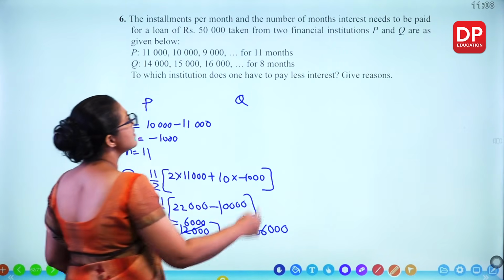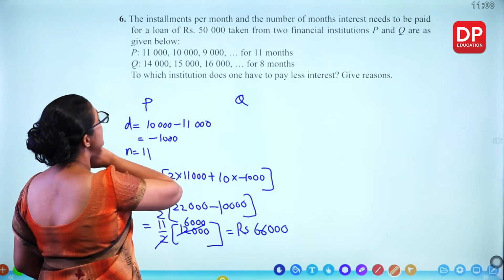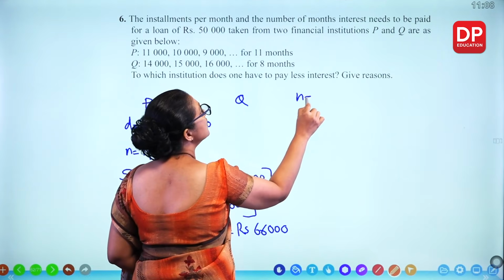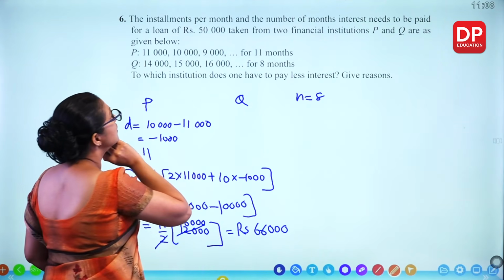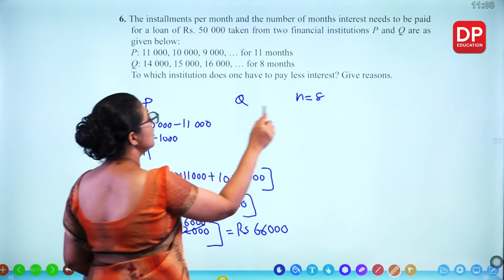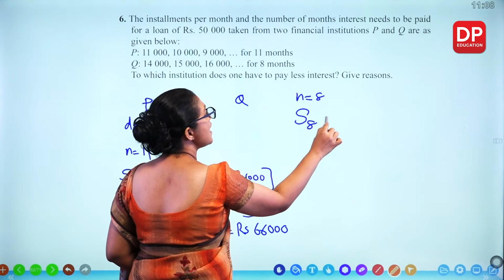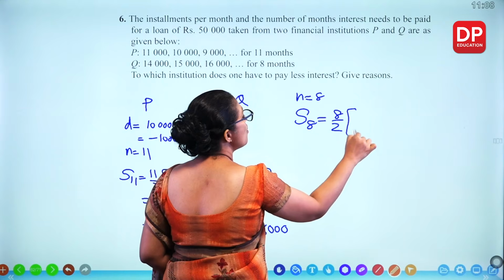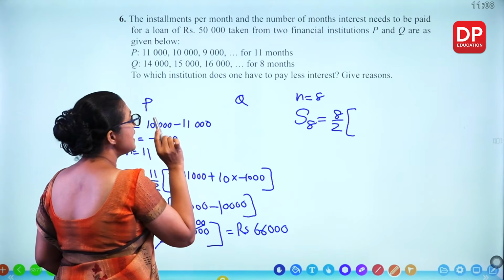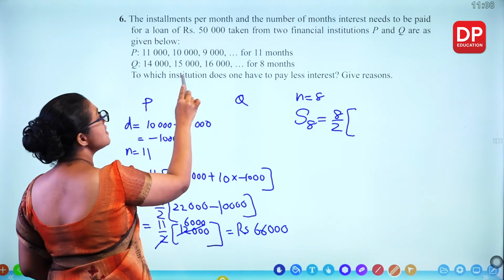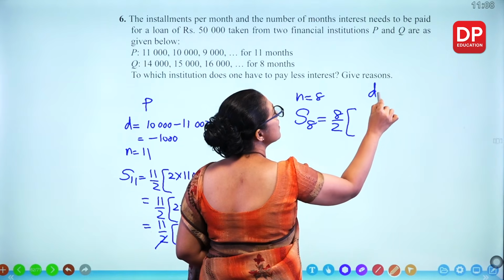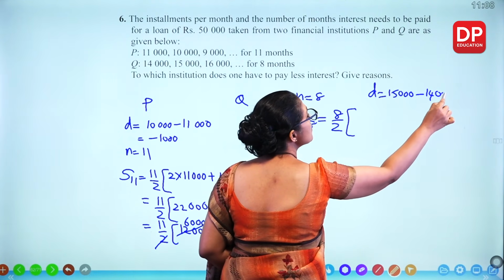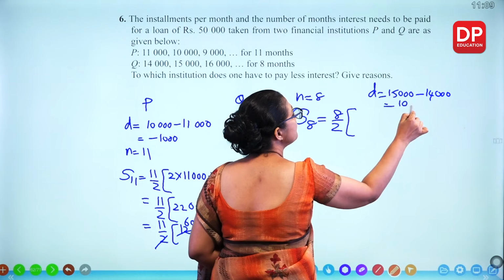Q method, starting value is 14,000 and N is 8. So what's the value? So we need to find S8. 8 divided by 2. And what is D? D is plus 1,000. 15,000 minus 14,000, you get plus 1,000.